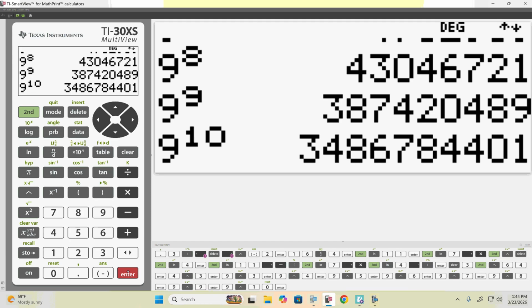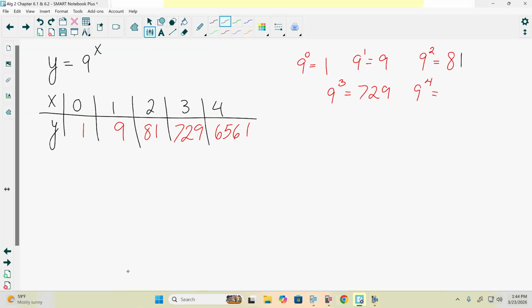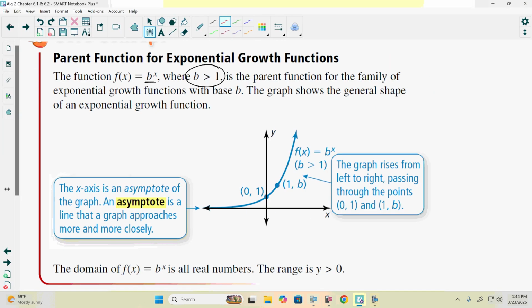And 9 to the 10th. Thousand, million, billion, we're at 3.4 billion. Exponential functions grow at this pace, and that's why we consider stuff to be exponential, because it's increasing more and more as time goes on.